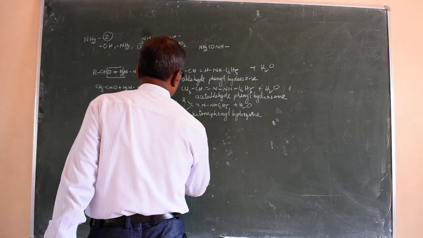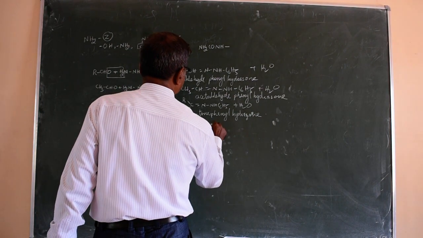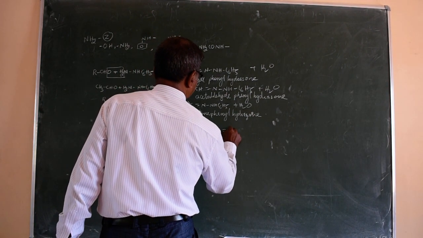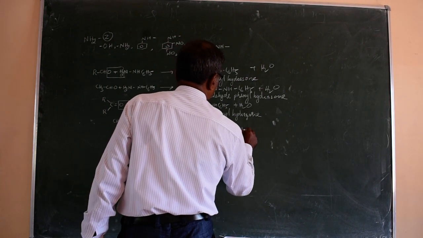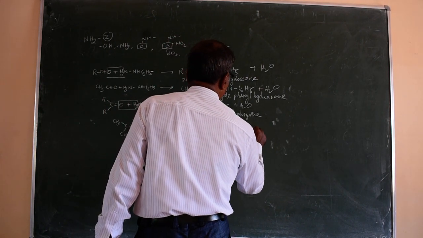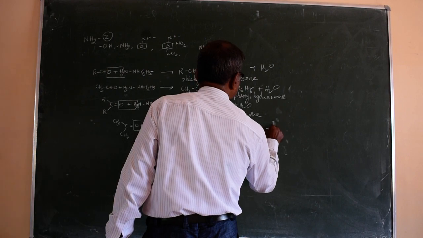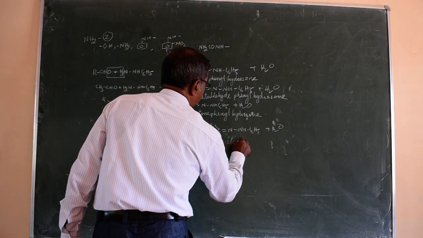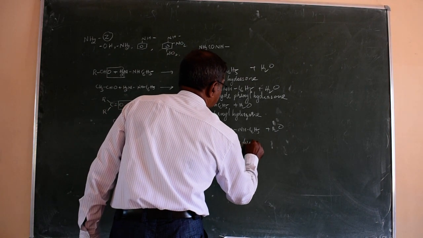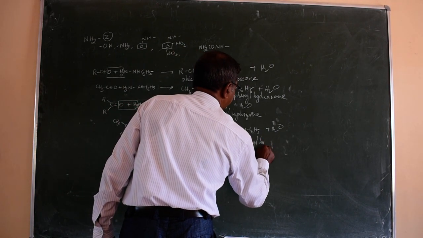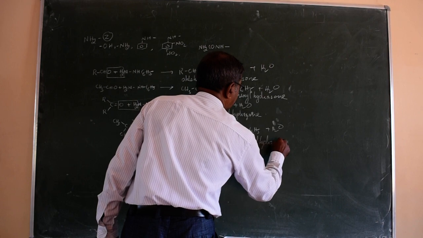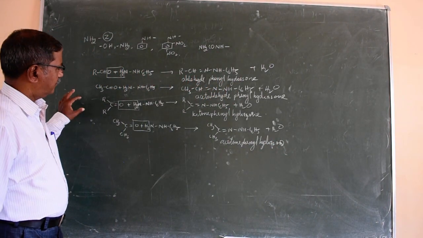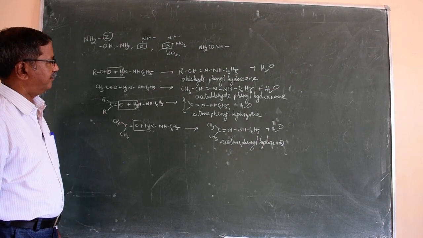The product formed, we know, is acetone phenylhydrazone. So the phenylhydrazine product is phenylhydrazone.